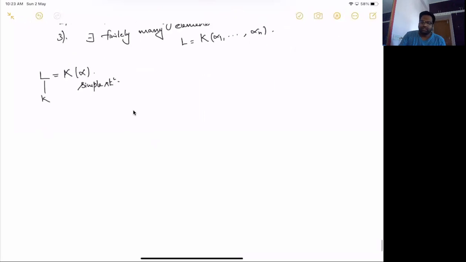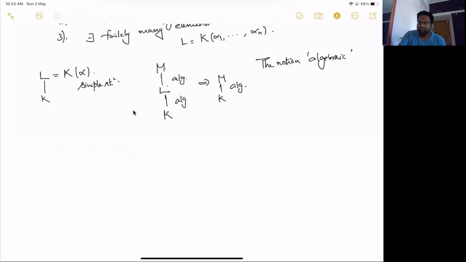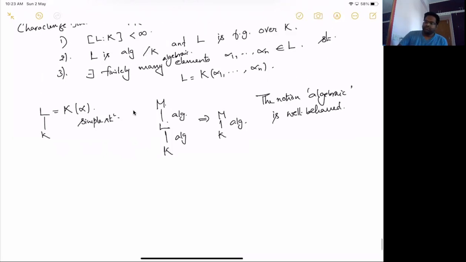And we have seen another theorem which says that if M over L is algebraic, not necessarily a finite extension, and L over K is algebraic, then M over K is also algebraic. So algebraic is well behaved.